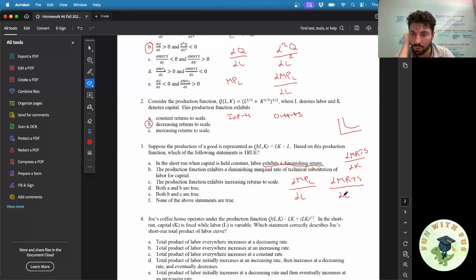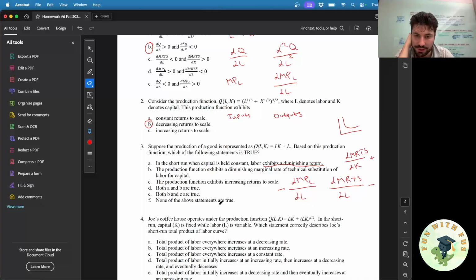And so what would that mean? I would ideally want these things to be, as I go more labor, this should be less. And if I increase my K, this should be more. So that would be a positive relationship. So I think that's what we're looking for. Diminishing return. Oh, I also should add a sign to that. So I think this would be negative if we have a diminishing return.